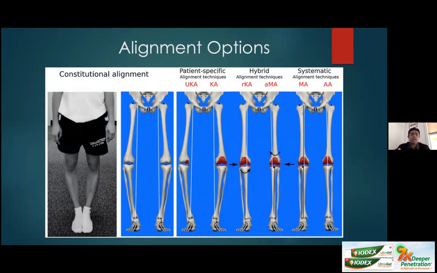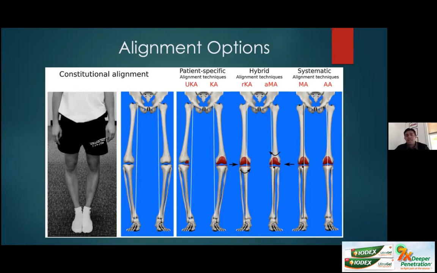Now, if you take that patient as shown here on the left, and you make them into a neutral systematic alignment technique as shown all the way here on the right of your screen, will that patient be happy or will they not be satisfied with their total knee prosthesis? So if you start with such a patient, you go all the way to the right, you see that there are two systematic alignment techniques that we have traditionally followed.